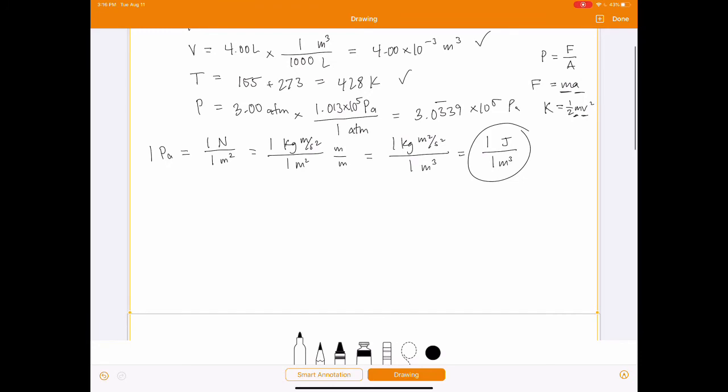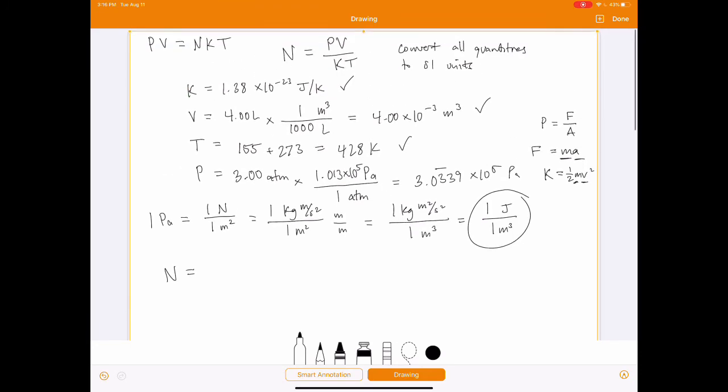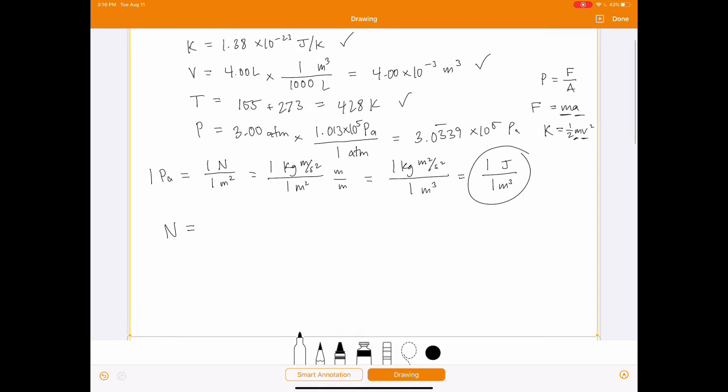So now we can do our calculation. Number of molecules, N, again, is PV divided by kT. So for P, we have 3.0339 times 10 to the 5 joules per cubic meter. That's the unit equivalency we just worked out. V is the volume, 4.00 times 10 to the minus 3 cubic meters.